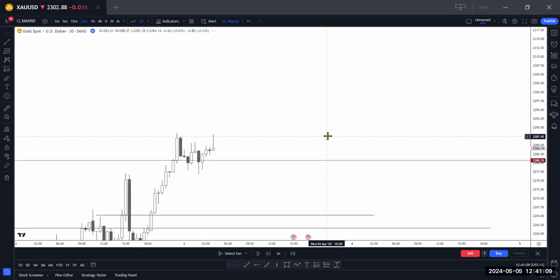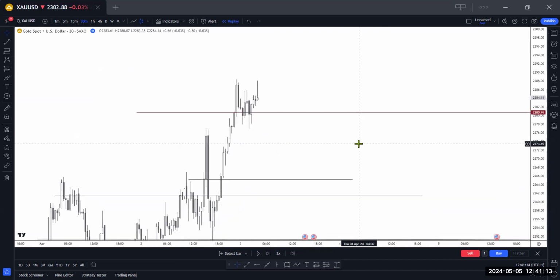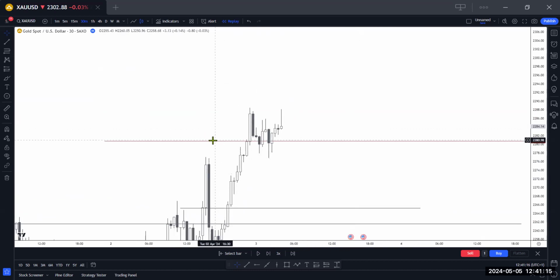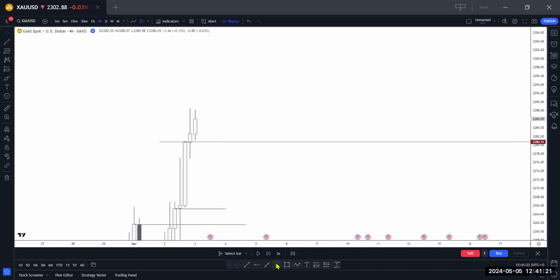So back to M30. This is our H4 gap, right? Let me see. I want to be sure this candle has not tapped it. So let me put this here.